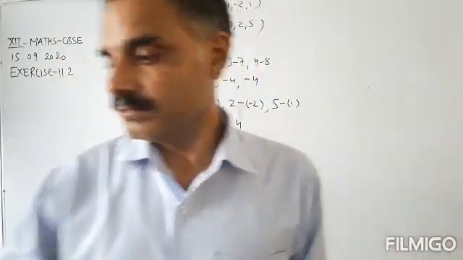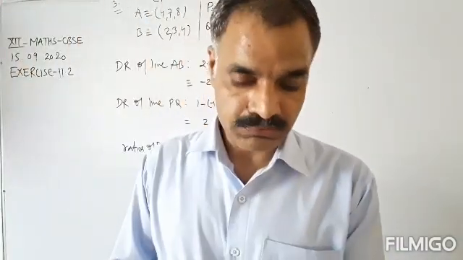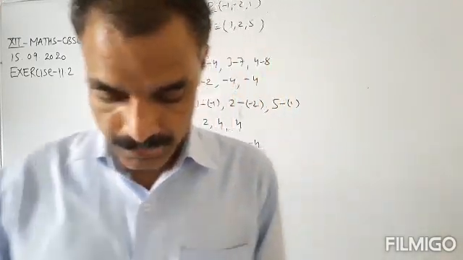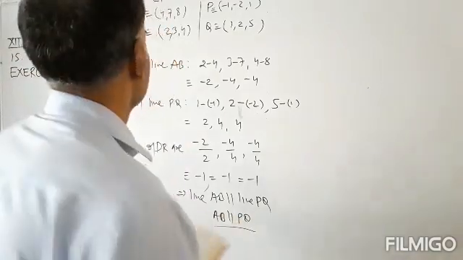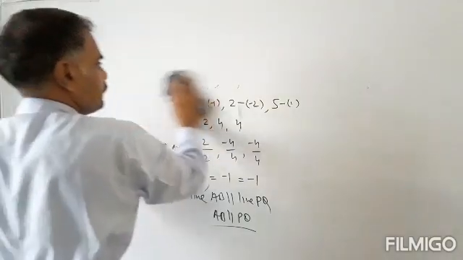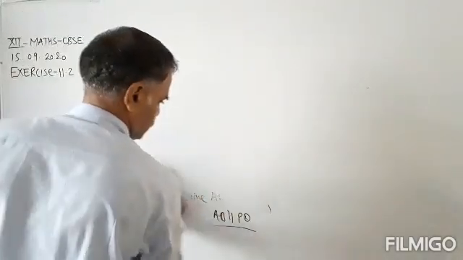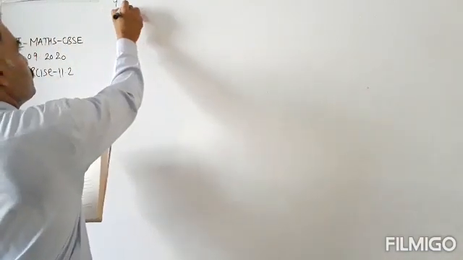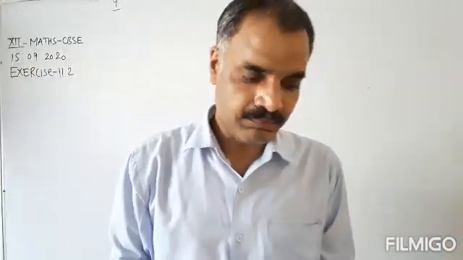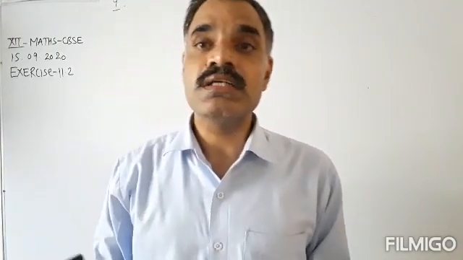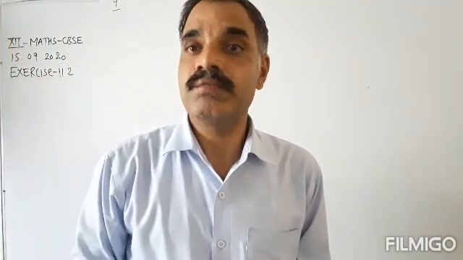Now the next question is question number 4. Find the equation of the line which passes through the point (1, 2, 3) and is parallel to the given vector.